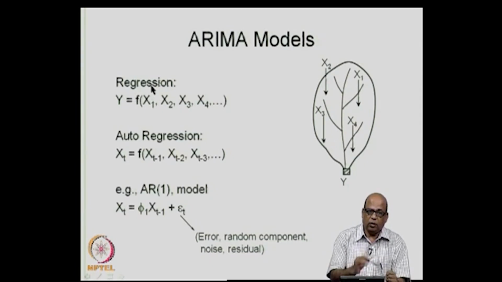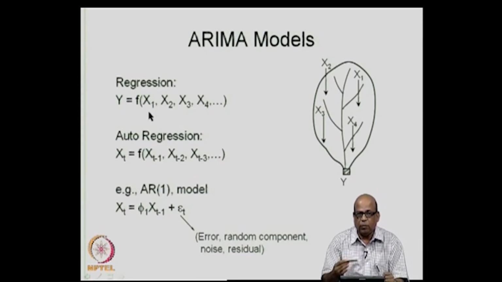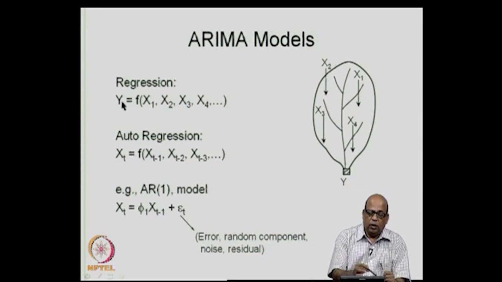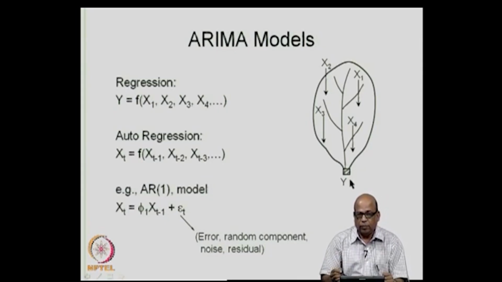Actually, the regression that I introduced was only simple regression in which only one variable was considered, but subsequently we will also deal with multiple regression in which the dependent variable will be governed by several independent variables like x 1, x 2, x 3. For example, as I said, rainfall, soil moisture, evapotranspiration and vegetation and so on. So, you may have several variables, all of which determine the variation in y.